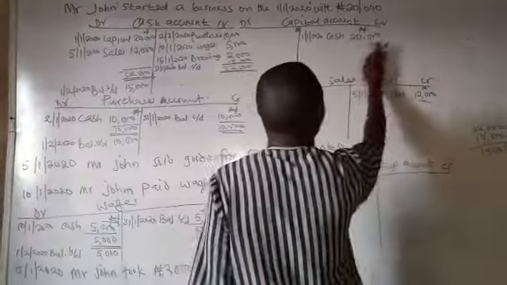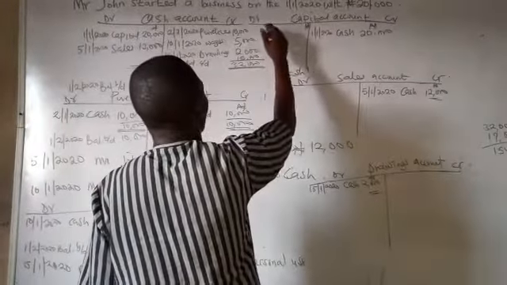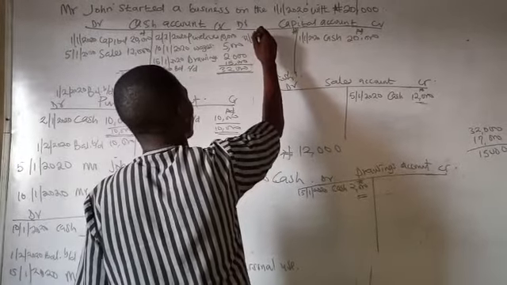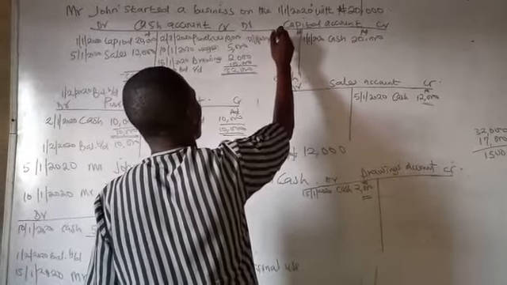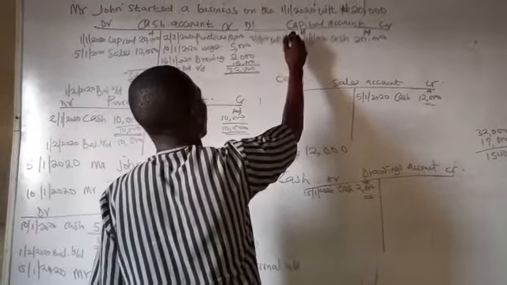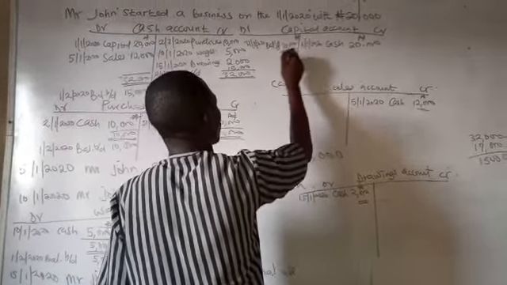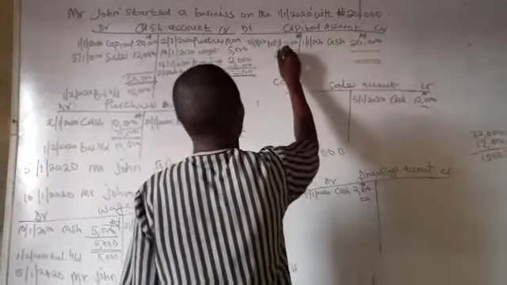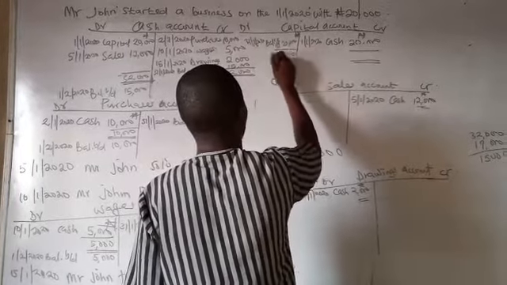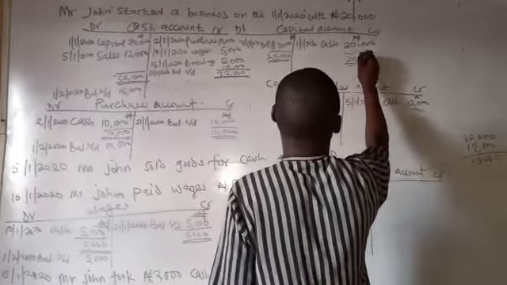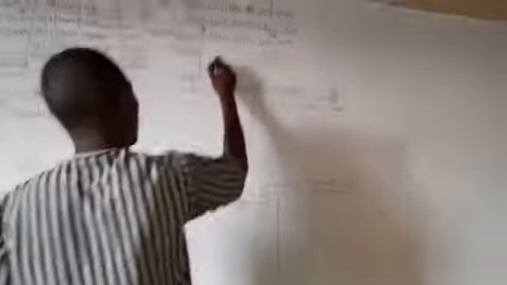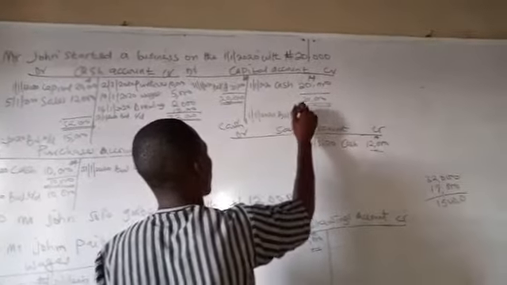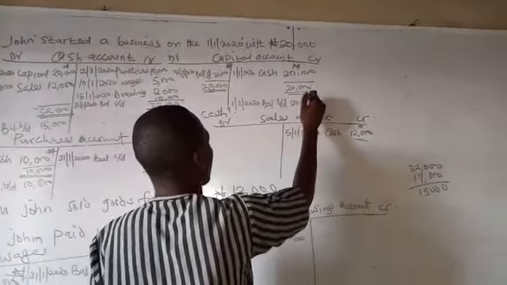In the capital account, on the 31st of January 2020, balance carried down 20,000. Then on the 1st of February 2020, balance brought down 20,000.